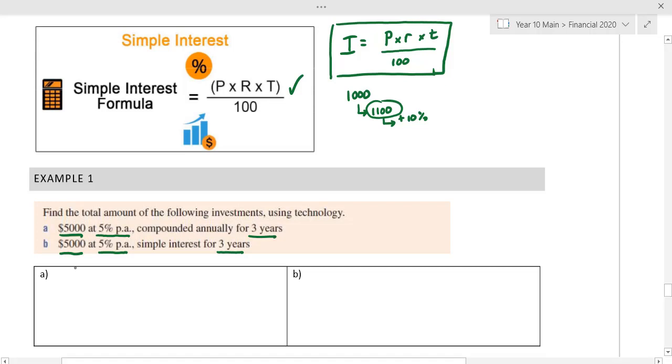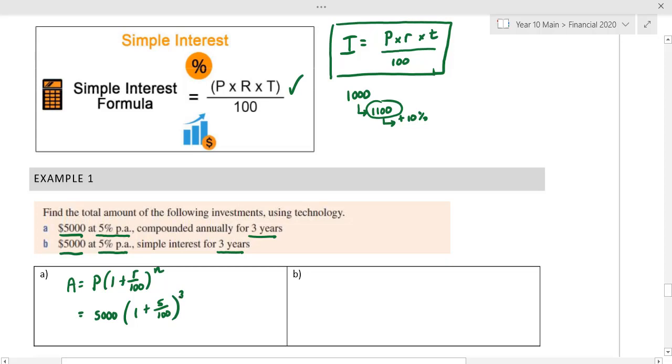So for this first one, we're going to use the compound interest formula. The principal is 5,000, and the rate is 5%, so that's 5 over 100, and we're looking over 3 years.